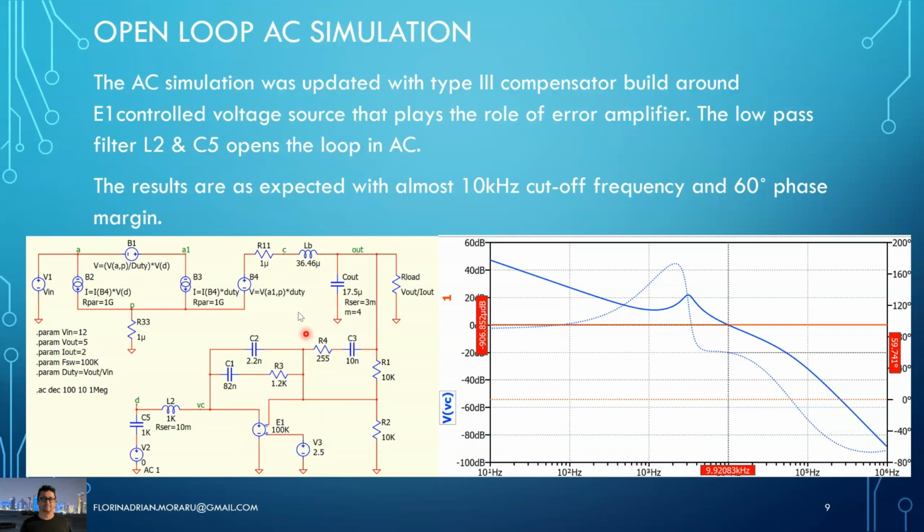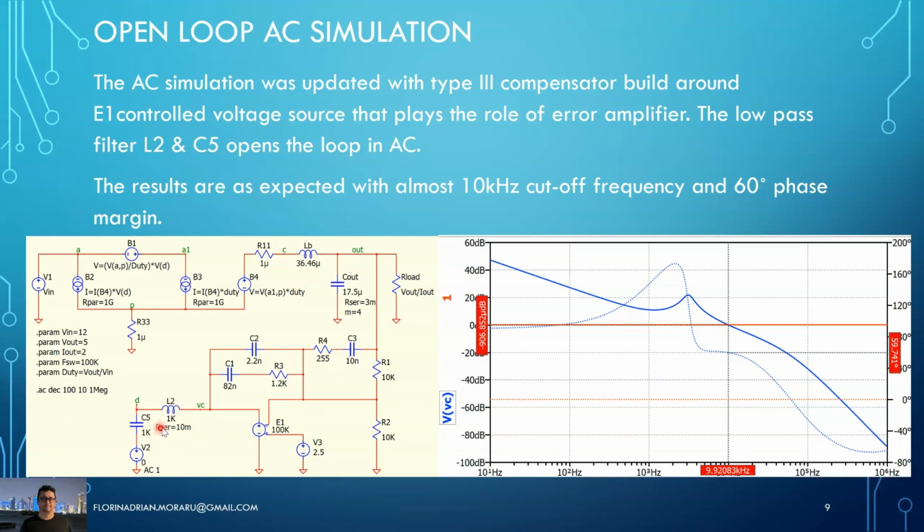Okay, so we have the values we just discussed. We have this low pass filter built with this L2 and C5. This is actually a low pass filter with a very low cutoff frequency, so 1 kilohenry with 1 kilofarad, and this is actually breaking the loop.